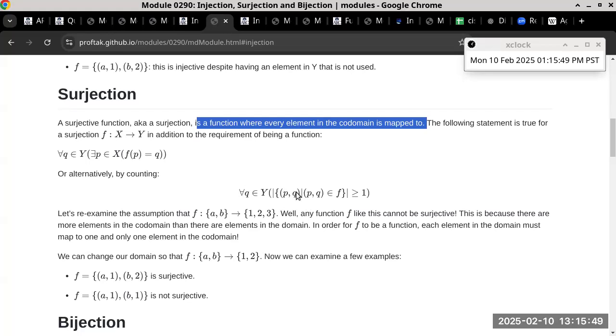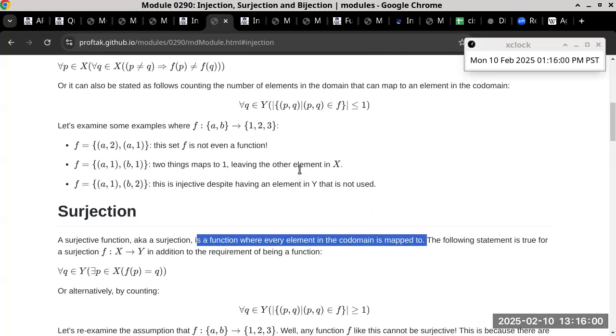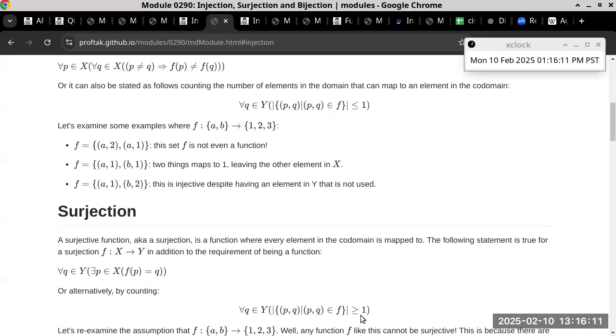Well, the reason is we have to talk about bijection. Bijection means something is both an injection and a surjection. So both of these two conditions have to be true. I can show both at the same time. We are talking about this one and this one. They both have to be true. But you can see whatever is inside the cardinality is exactly the same. The only difference is the comparison operator. One needs to be less than or equal to 1. The other needs to be greater than or equal to 1.